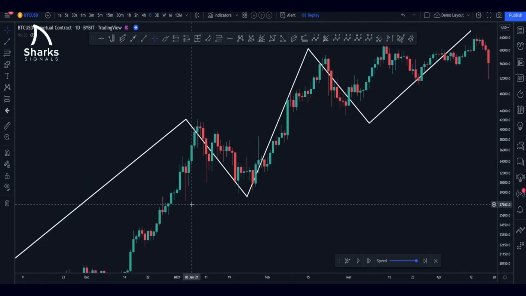Now we have zoomed in and we have switched to the daily chart. As you can observe, even though these pivots are part of the weekly uptrend, we have a downtrend phase on the daily chart here. We can mark it once again by taking this pivot high to this low and to the next high, which is now possibly a lower high.